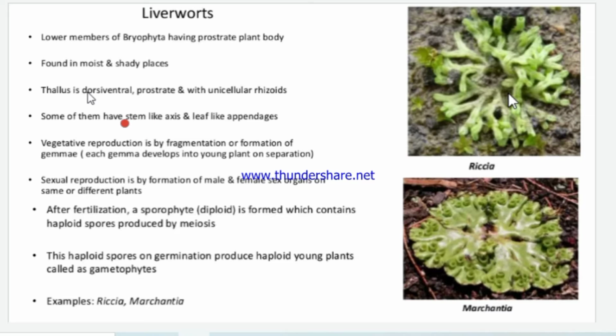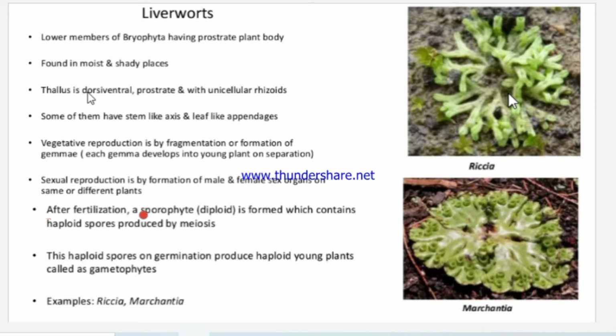Some of them have stem-like axes and leaf-like appendages. As I said, the vegetative reproduction is by fragmentation or formation of gemma. Each gemma develops into a young plant on separation from the plant body. And sexual reproduction is by formation of male and female sex organs on the same or different plants.